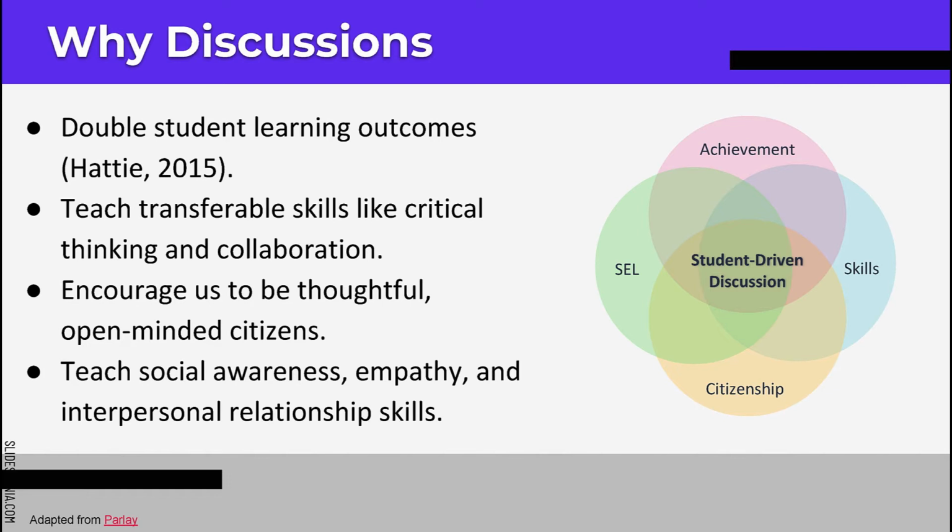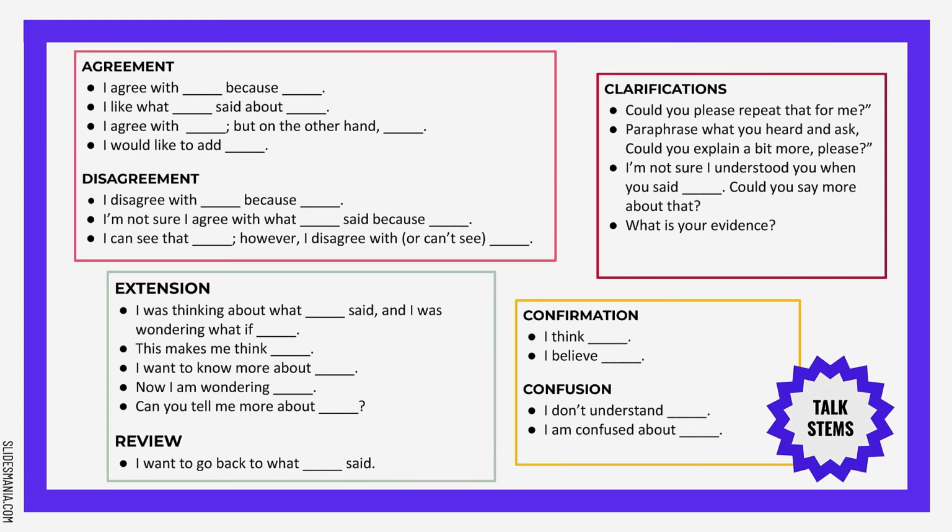Some of the strategies that might be helpful with that is to provide some talking stems for kids to help them with those conversations when they agree or disagree, or when backing up evidence that they have. However you share those stems with them, depending on the age level, some might need some guidance in engaging in some respectful conversation with their classmates.